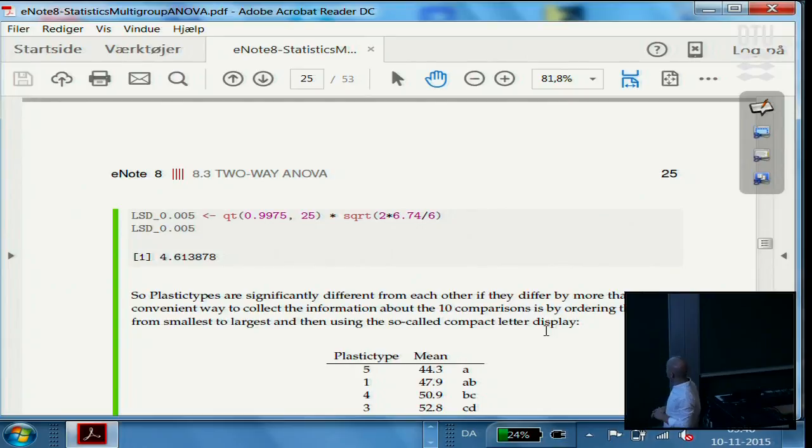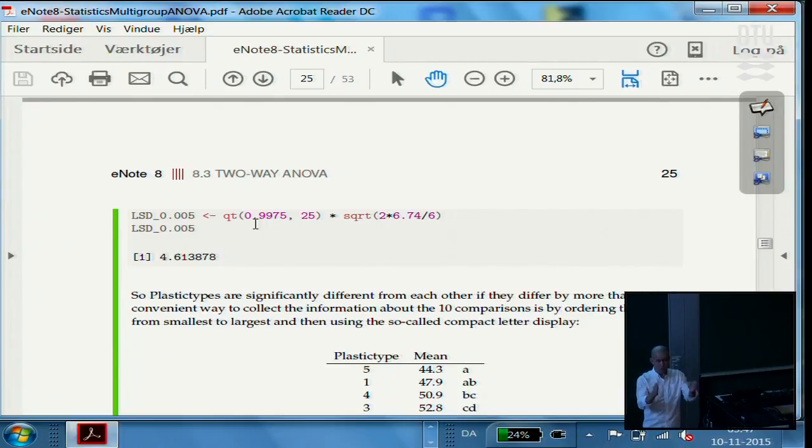We can use that in a slightly adapted way to find what is known as the LSD, the least significant difference value. That is the width of a confidence interval. The width of a difference that would just be significant, right?